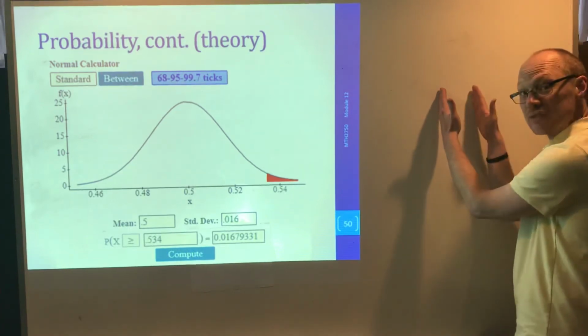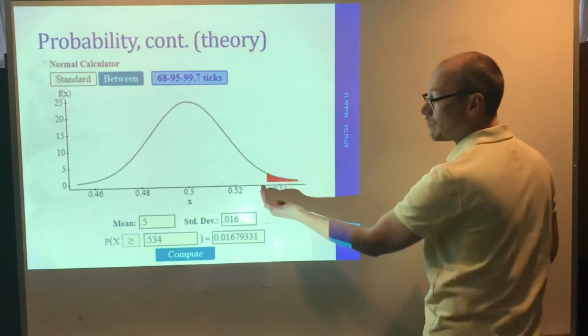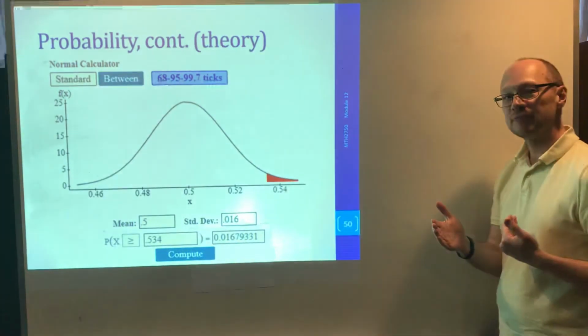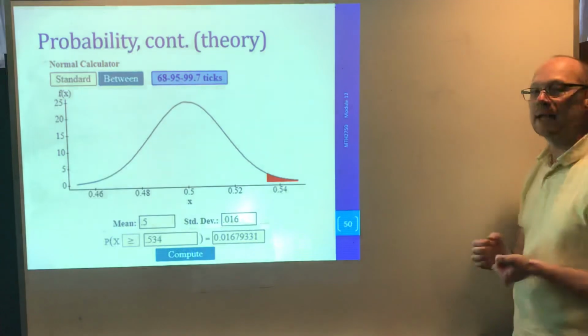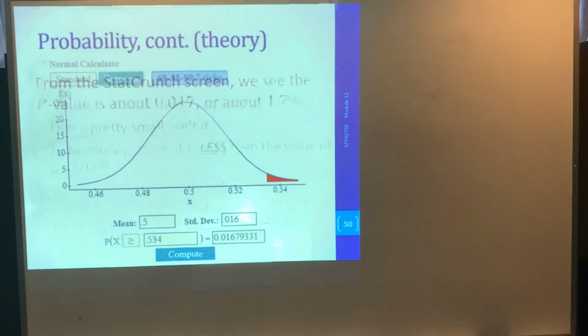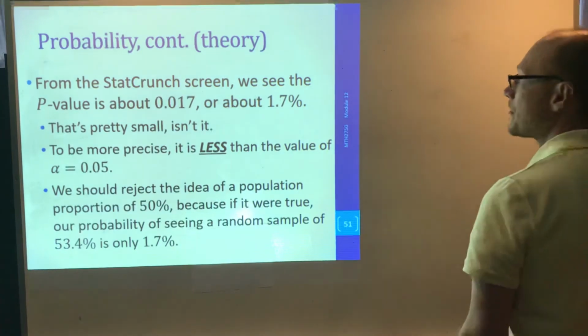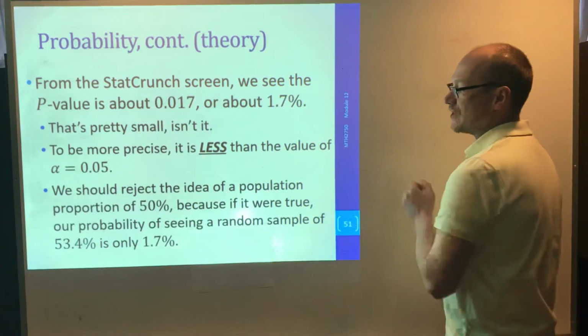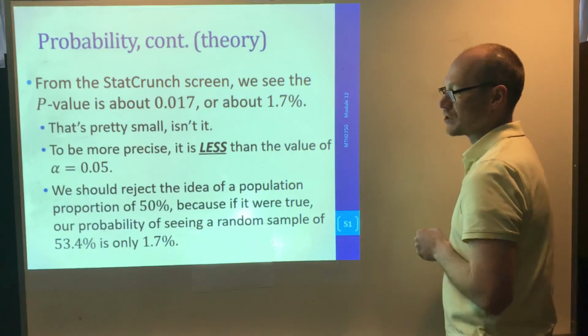We only need to get to 1.6. We only need to get to a probability of 5%. We had a probability of 1.7%. That's not nearly likely enough for us to keep the hypothesis. So it's pretty small. It is less than the value of alpha. So we should reject the idea of a population proportion of 50%.